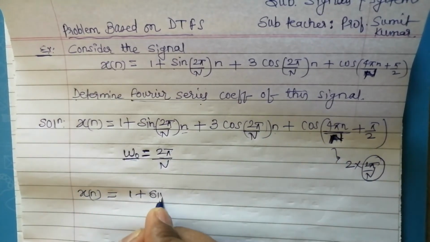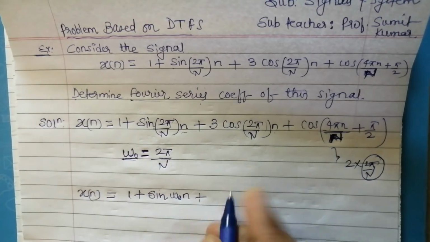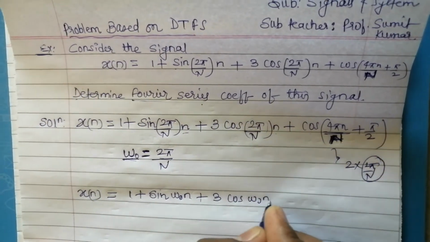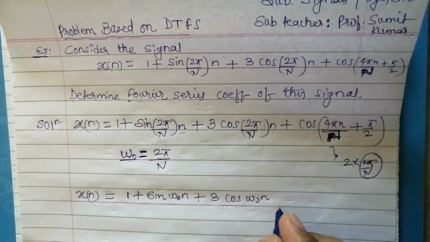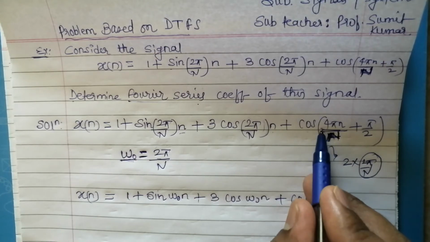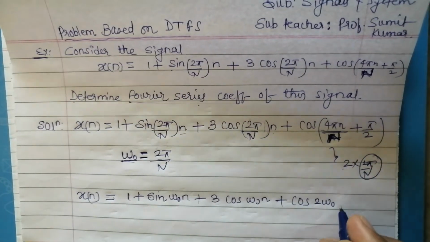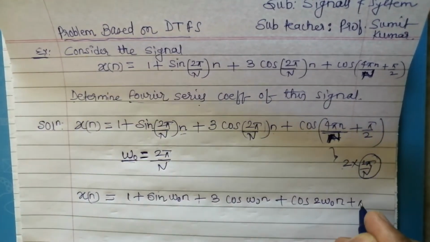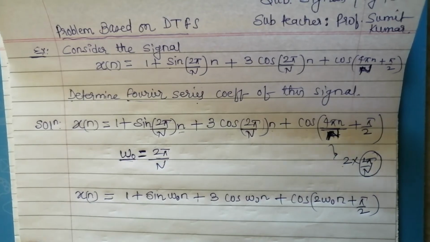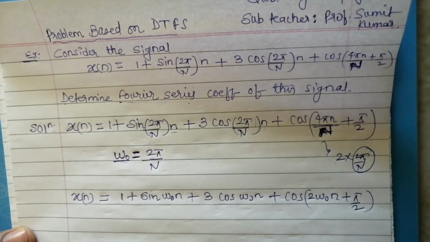So I can write the sine term as sine omega naught n, likewise 3 cos omega naught n, plus cos, now here it is 2 into 2 pi by n, so 2 omega naught n plus pi by 2. So we have expressed this expression in terms of omega naught.